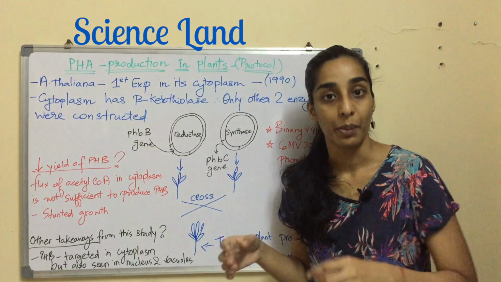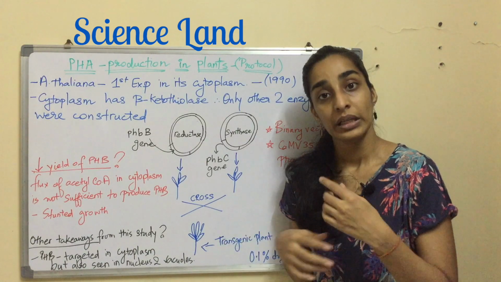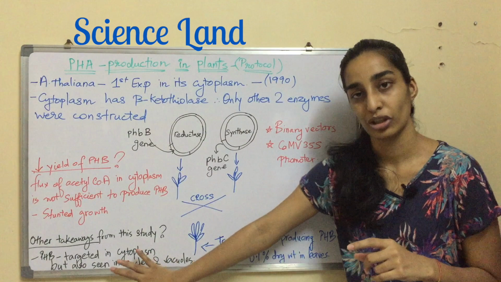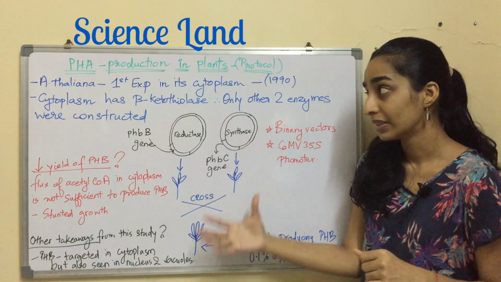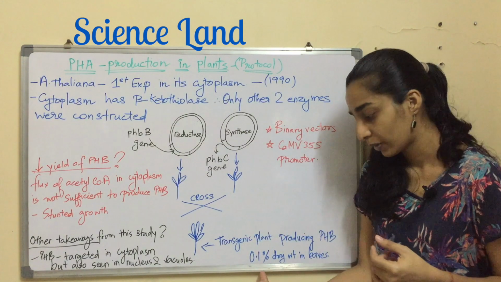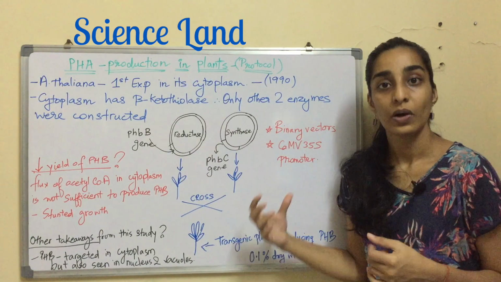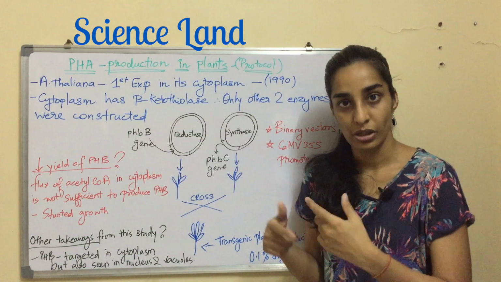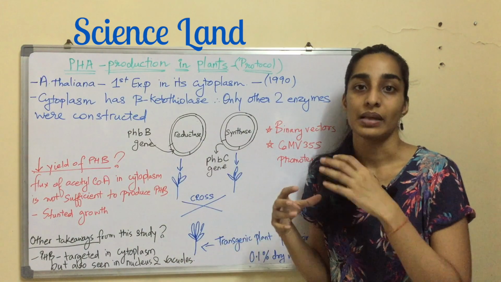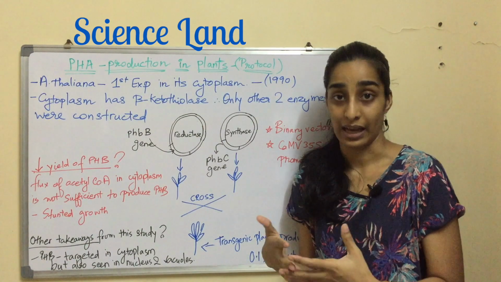Maybe because they are double membrane structures, the PHB was not produced there. This was the major takeaway. Now, apart from this, the only unsatisfying thing was 0.1% dry weight. So, people would want to change this percent and they will improvise the protocol. And some of the protocols will be discussed now.